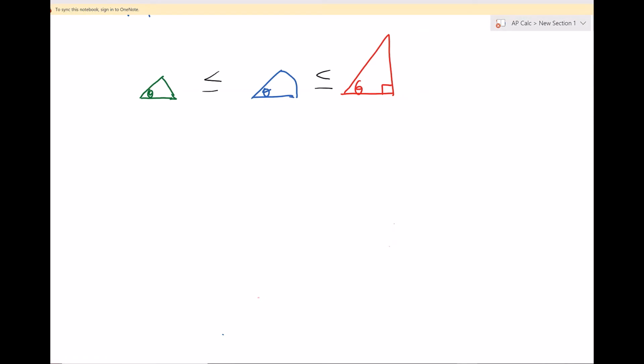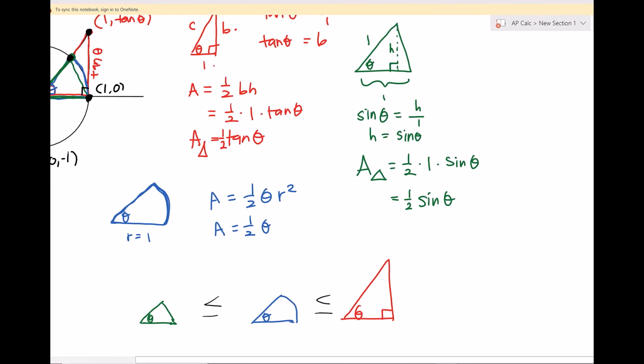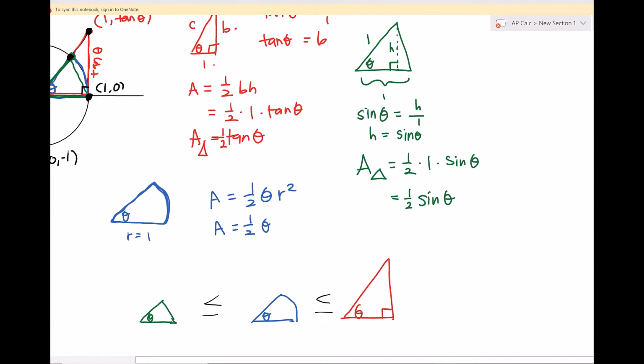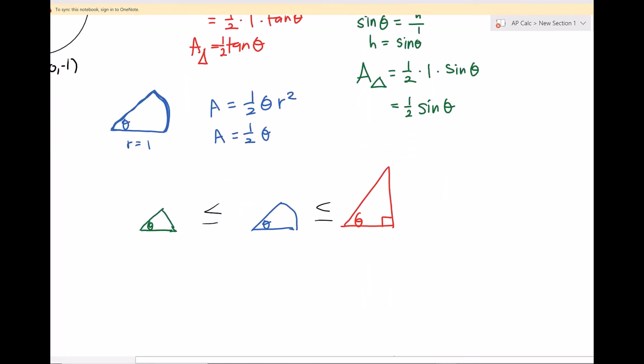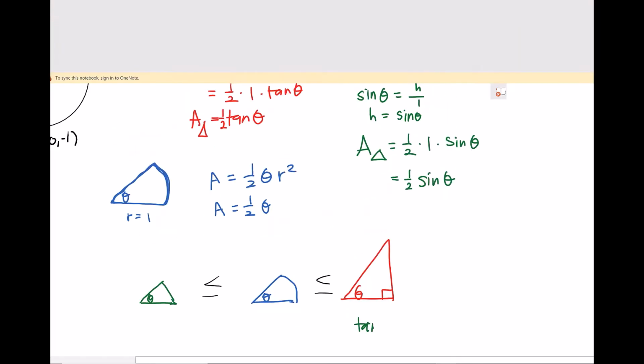All right, so let's take a look. I'm going to write down the areas of each of these little triangles and sectors. I am going to write them a little bit differently. So for example, for the red, our largest triangle, instead of writing it as 1/2 times tangent theta, I'm going to write it simply as tangent, oops, let me change the color on that.